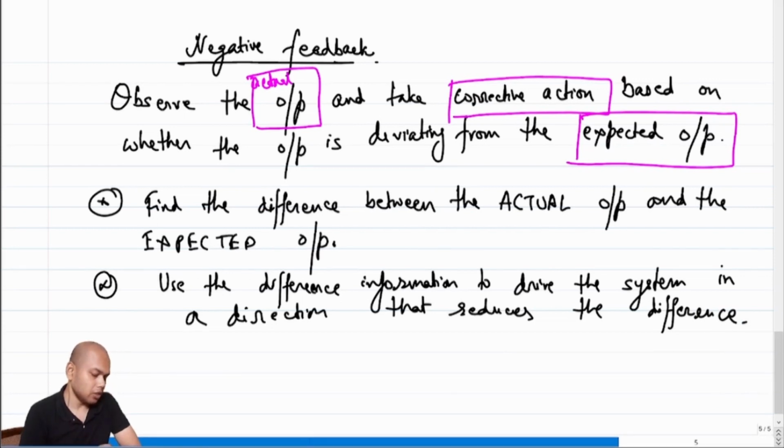Right? So that is in essence how any negative feedback system works.